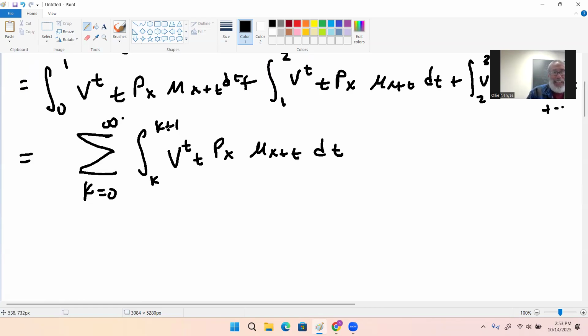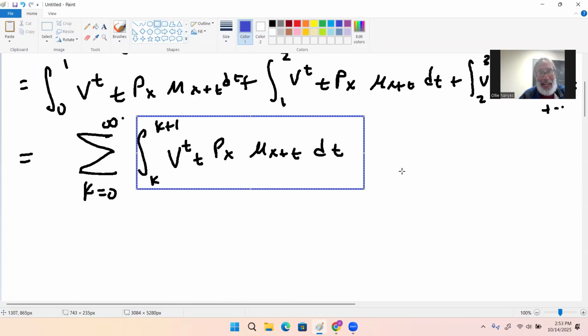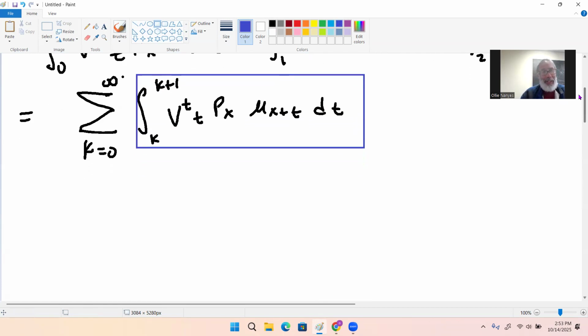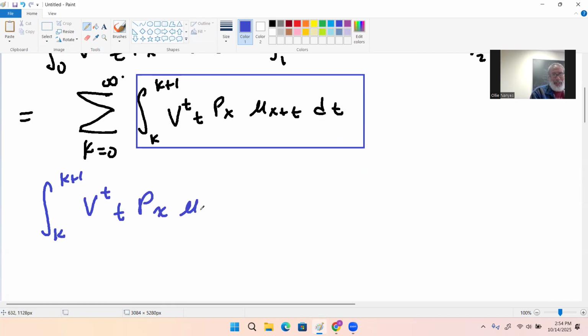Now, let's take a look at each integral for values of k. We're going to do something with each integral here. Now, this integral, I want to do a few things. We can apply the uniform distribution of deaths. Notice these are 1-year increments.